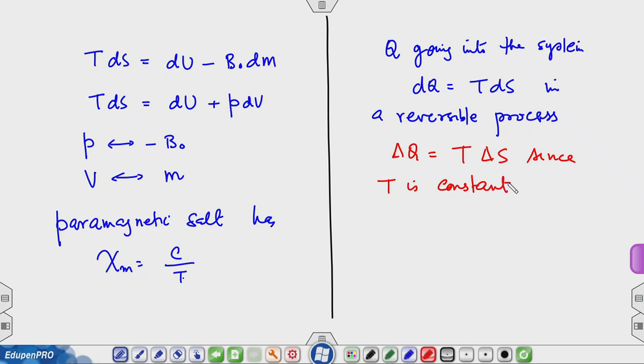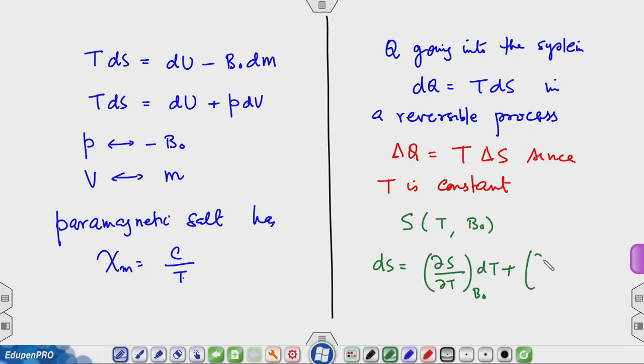So, we need to calculate delta S. For that, let's consider S as a function of T and B0, because I want to use one of the Maxwell relations, and write dS equals partial S partial T at B0 dT plus partial S partial B0 at T dB0. Since this is an isothermal process, the first term is 0.